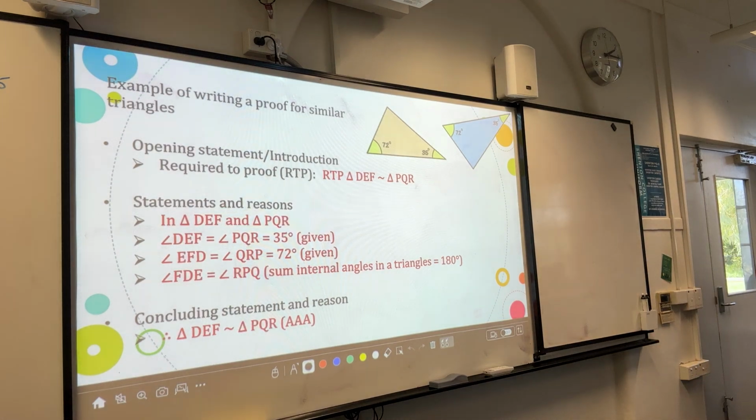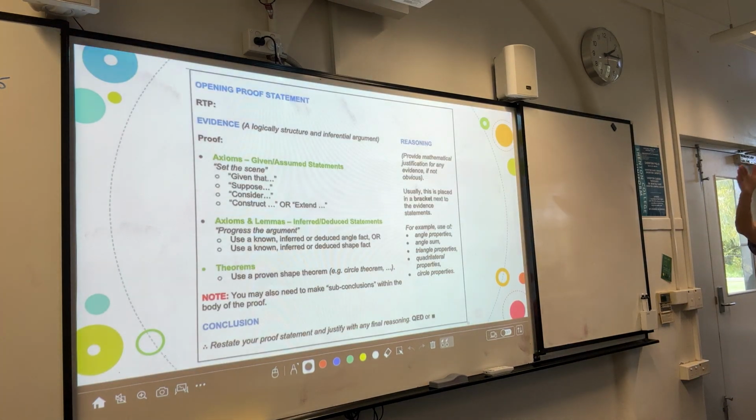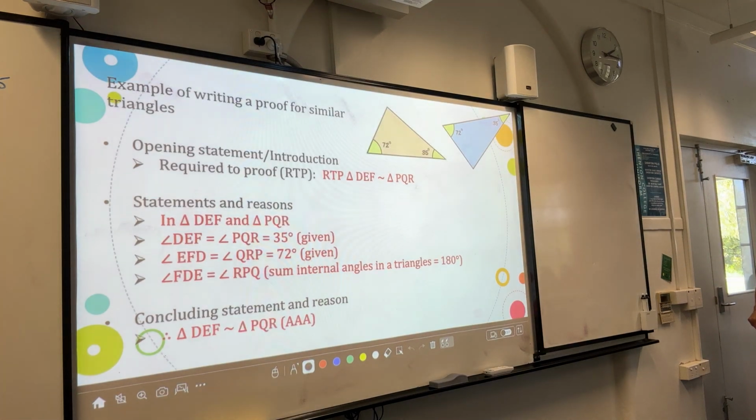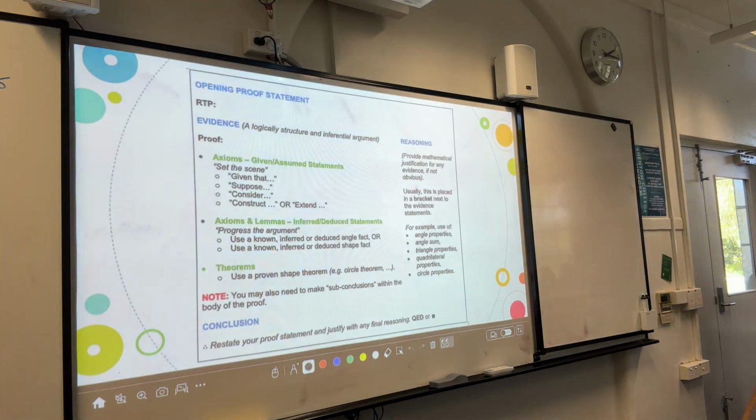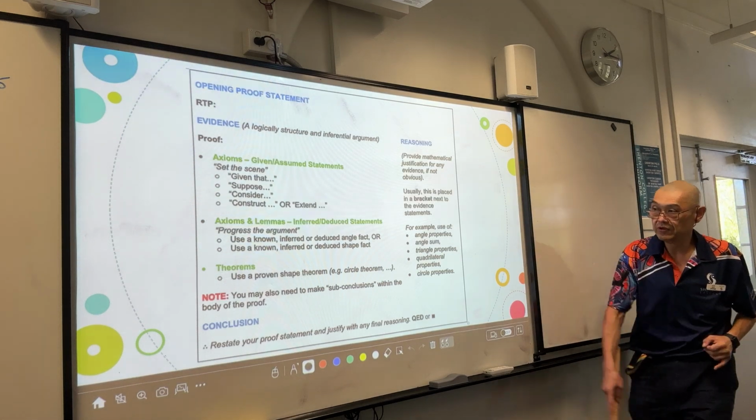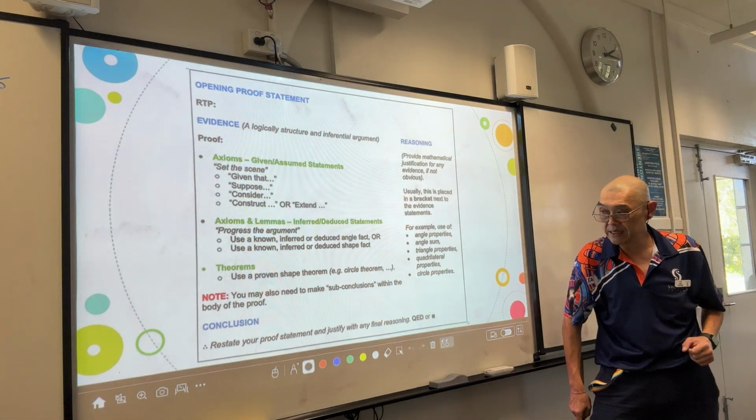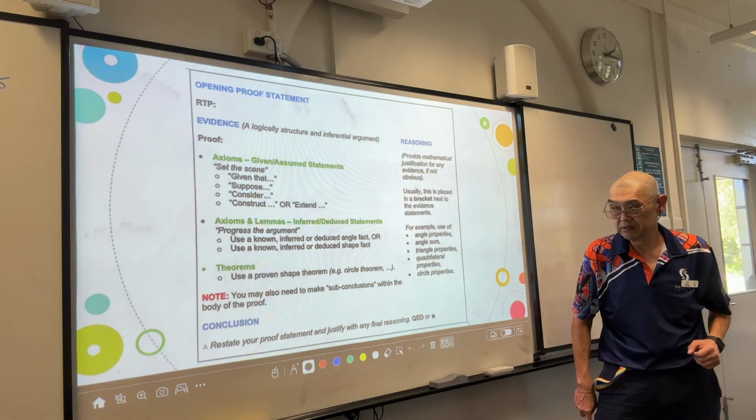Now, let's go on. This is what is given in your handout. The structure that I want you to think about is basically the same as what I've done in the previous slide. You've got things like required proof, the proof with the reasons, and then your conclusion.